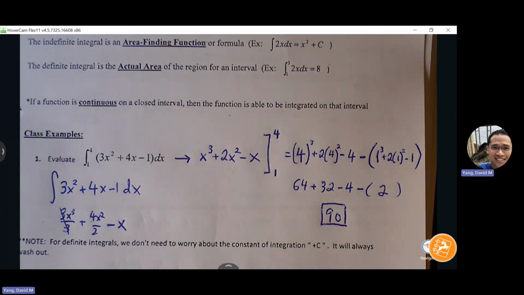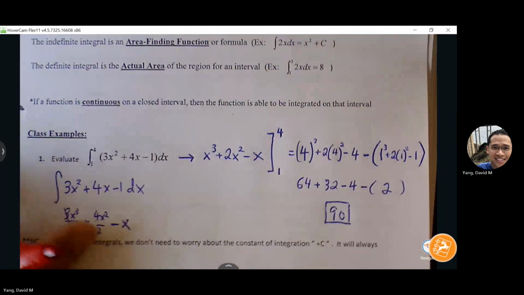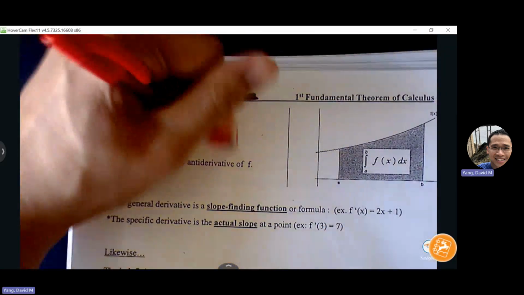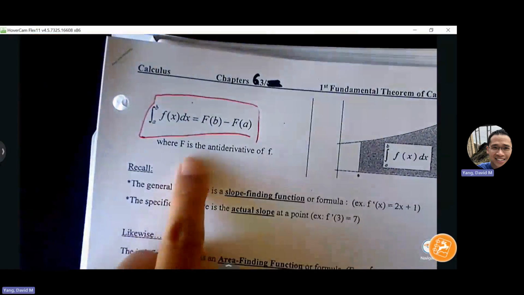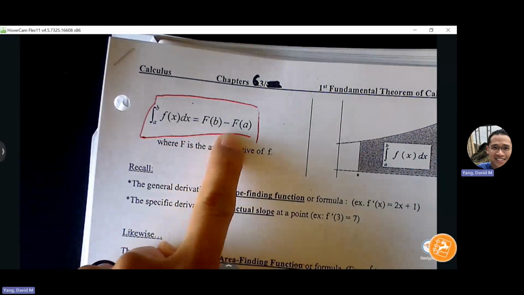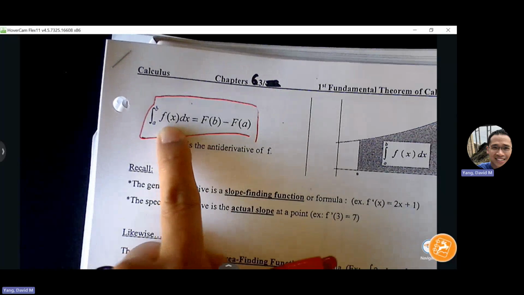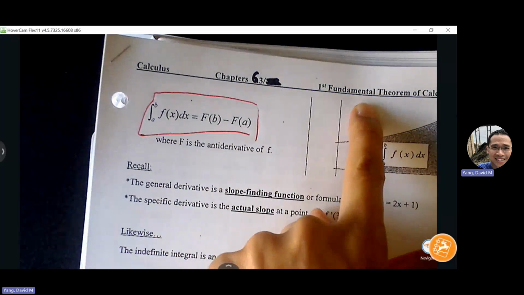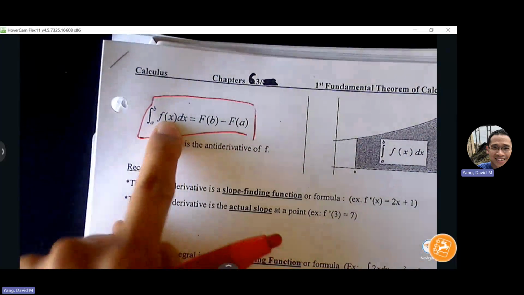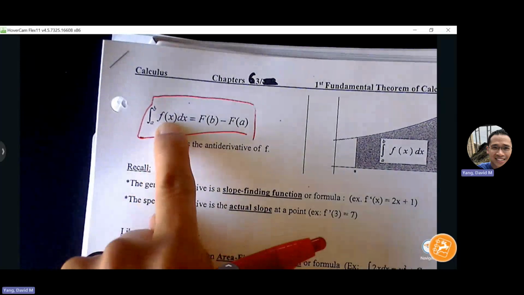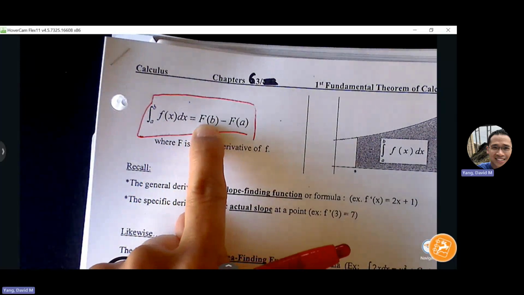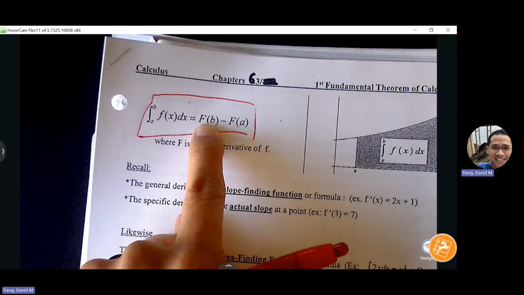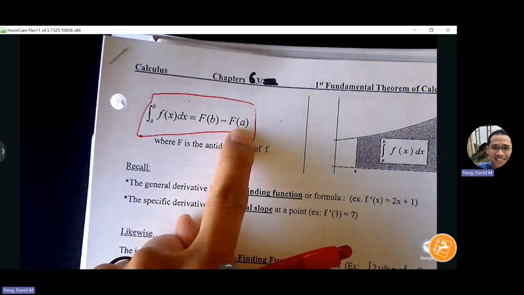Now, another important thing is understanding where this formula comes into play, because we essentially apply this formula here. This is basically the first theorem. The first theorem says, if I take the antiderivative of my function, it's going to turn into uppercase F, the antiderivative, and then I plug in the upper and lower bound.